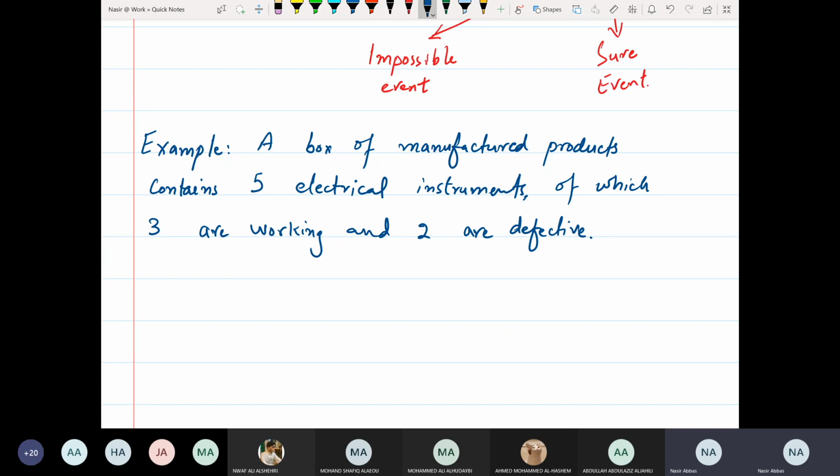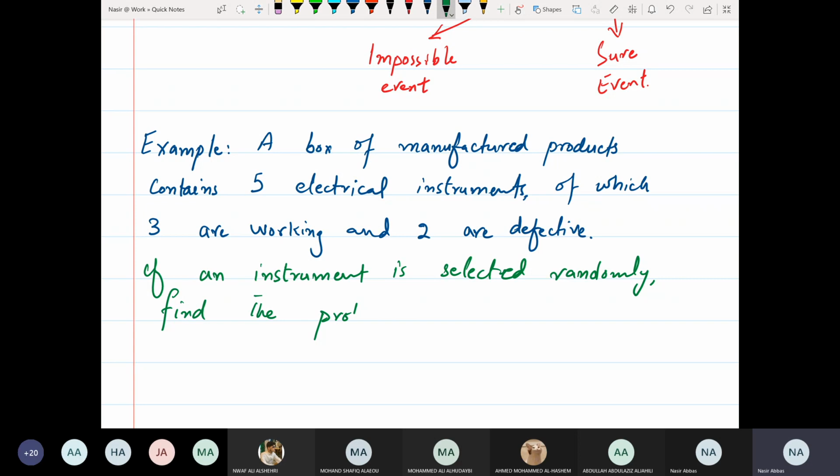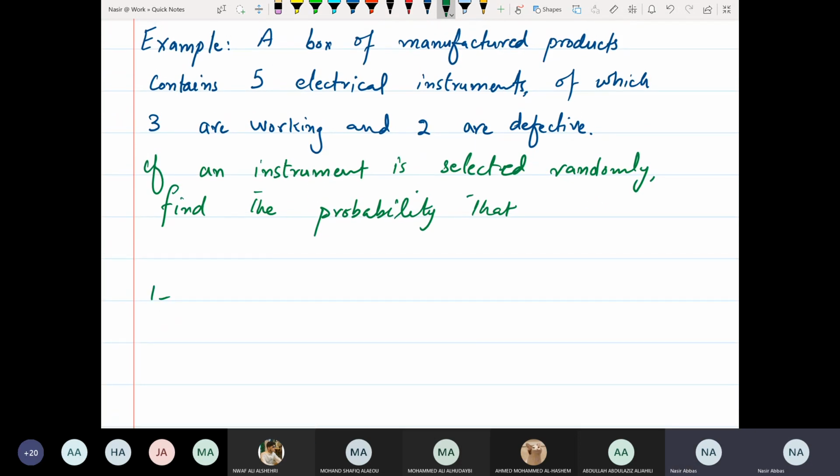This is the scenario. If an object is selected randomly, find the probability that it is defective.